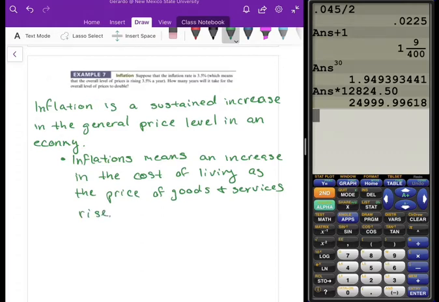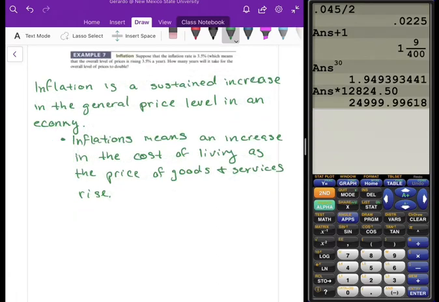Okay? So now that we have the definitions, let's see how we can treat this problem.